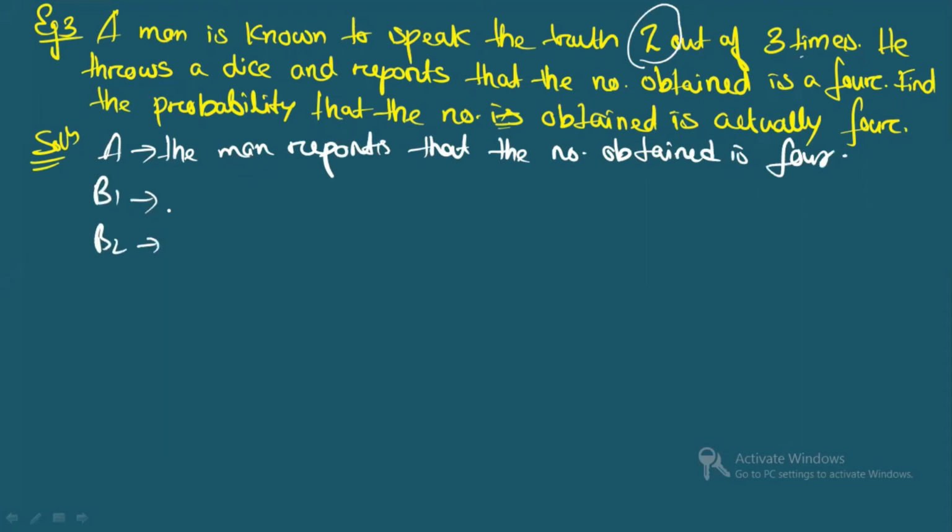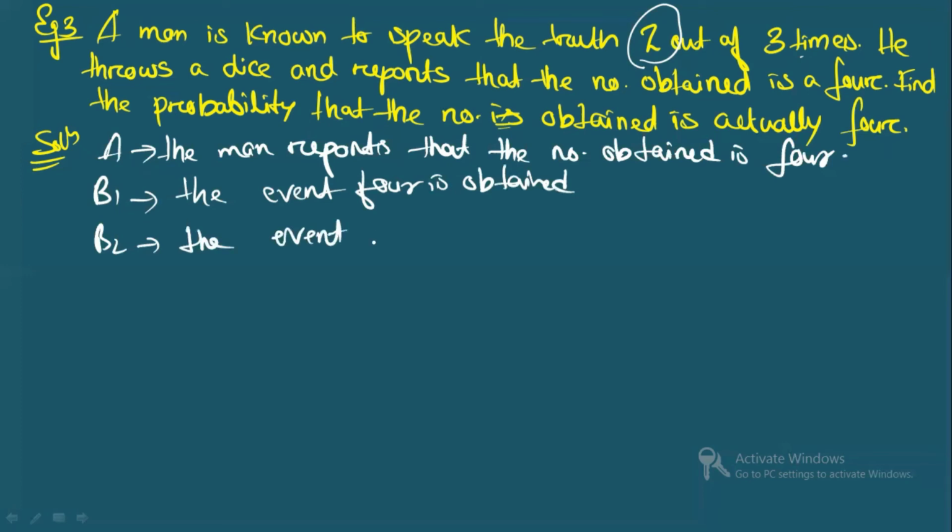B1 is that the event 4 is obtained, and B2 is that the event 4 is not obtained. That is its complementary event.